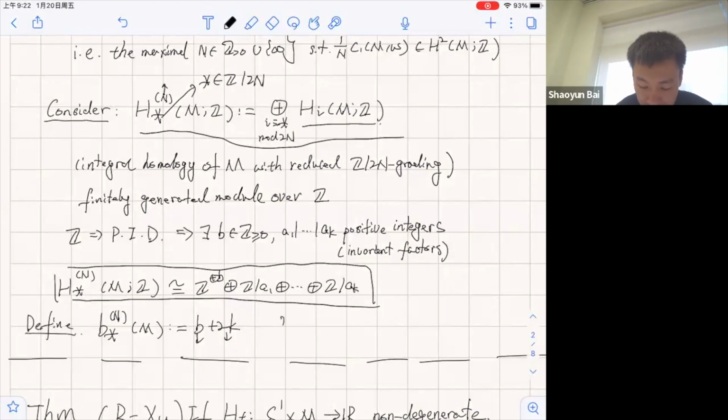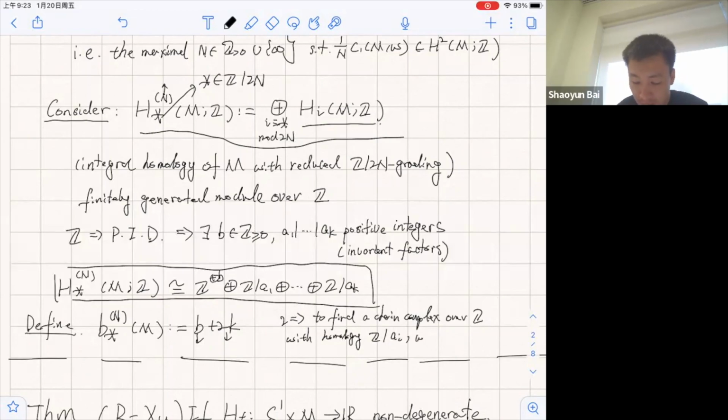The 2 means that to find a chain complex over Z with homology of the form, say, Z modulo A_i, we need at least 2 generators.